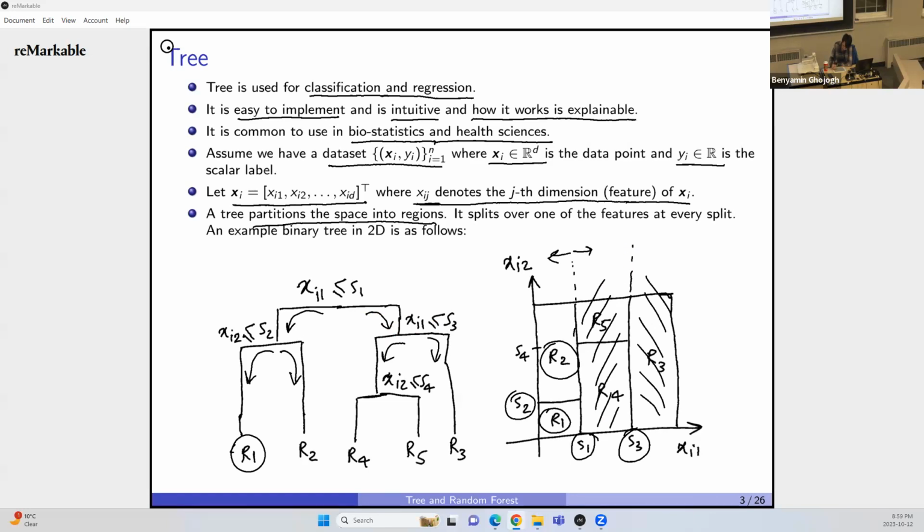So when I'm at this point in the tree, I'm somewhere here, because I also need to be greater than S1 since I already traversed here, right? So now again, I can ask, for example, whether xi2 is less than S4 or greater than S4. If less than S4, I'm in region 4. Otherwise, I'm in region 5. If xi1 was greater than S3, I'm in region 3. Okay? So I'm partitioning this space. This is 2D. You can have any number of dimensions. If it is 3D, it's like a cube, right? You partition this cube.